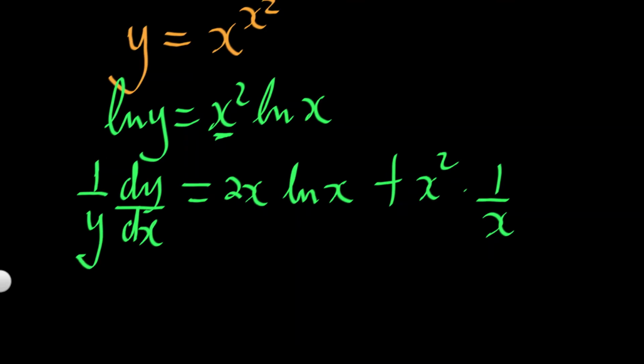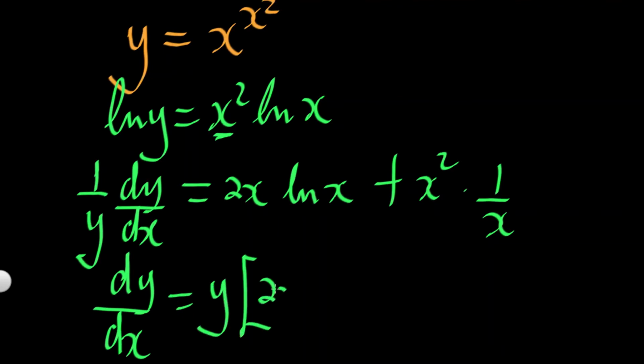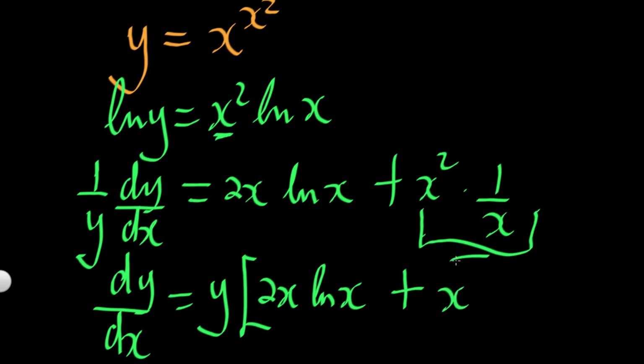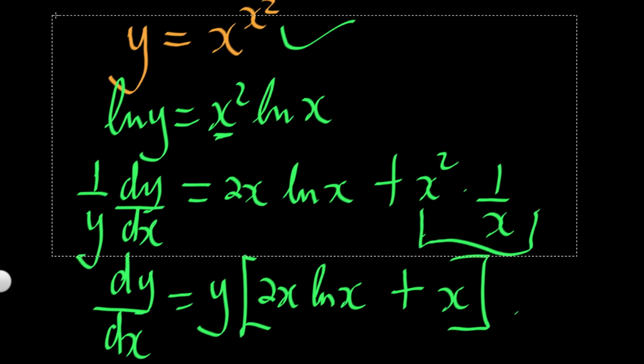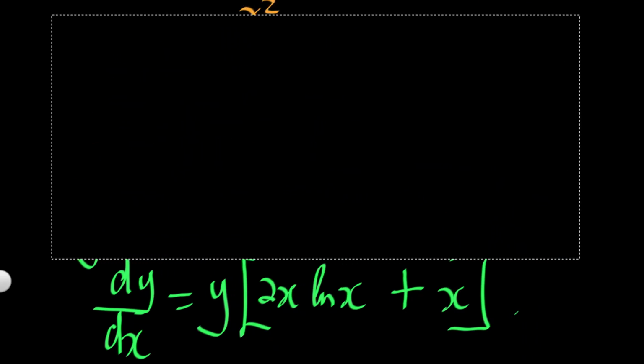Then we make dy dx the subject of the formula. So dy dx is equal to y, 2x ln x plus, if we simplify this part here, we get x. That's it. But we know our y. So the final step is simply to replace your y with this, because it is the original thing that you had.